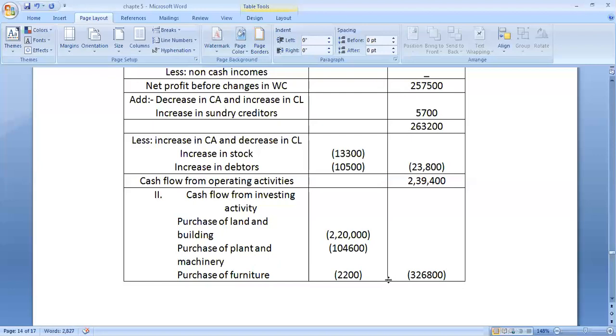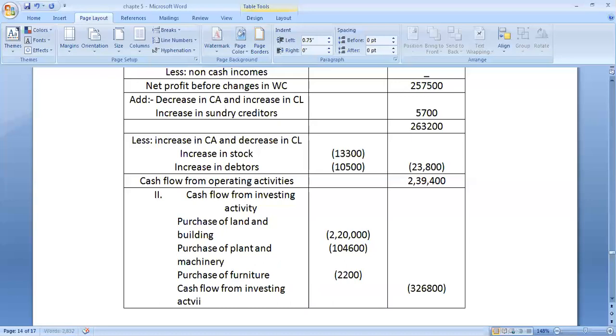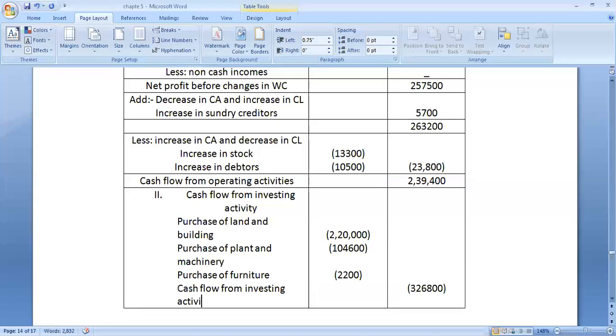Okay, so this is called as cash flow from investing activity. Okay, so this is very important.